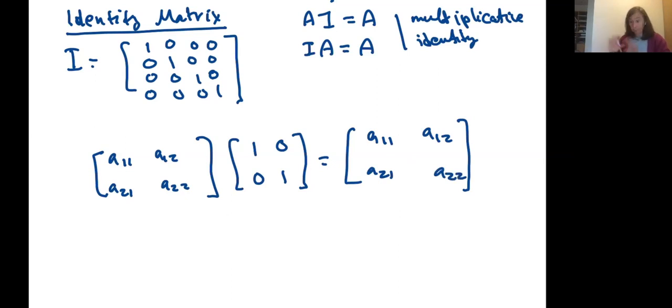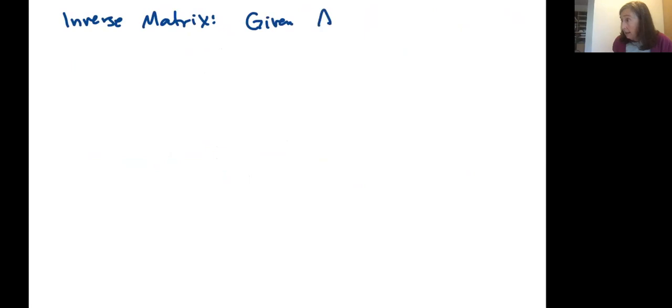Okay. So great. Identity matrices exist. We can always find one whenever we need it. What about inverse matrices? What we're looking for with an inverse is, given A, can we find A inverse?